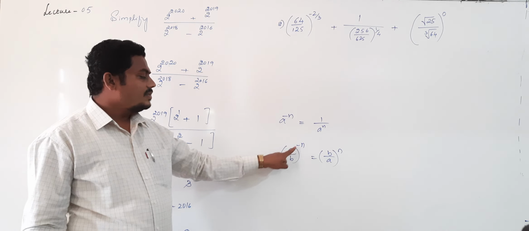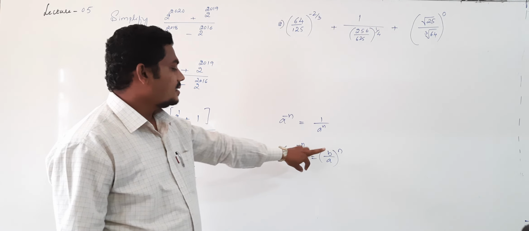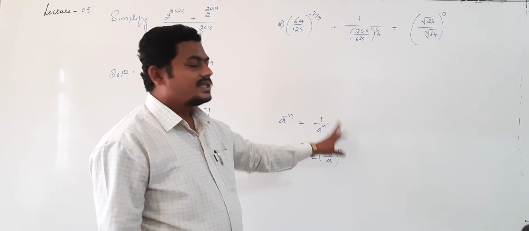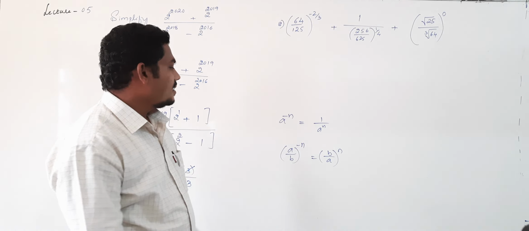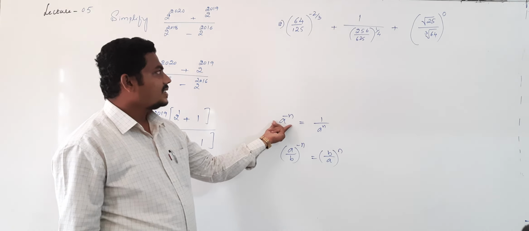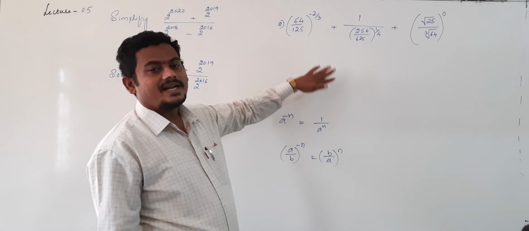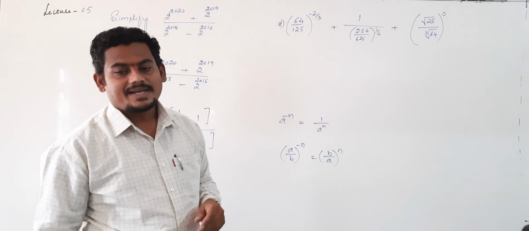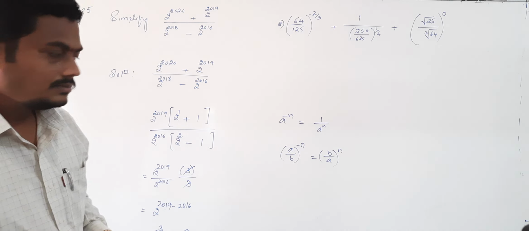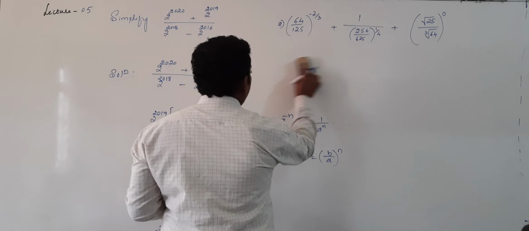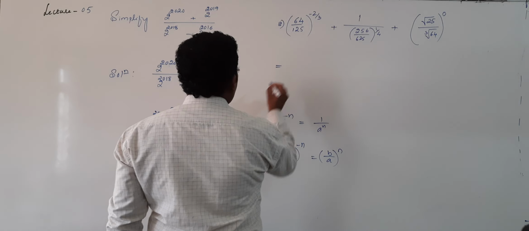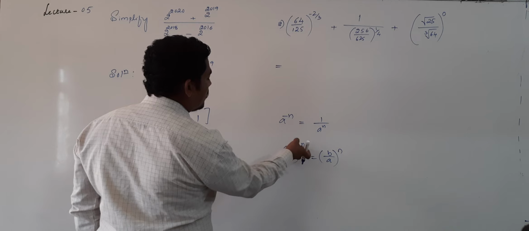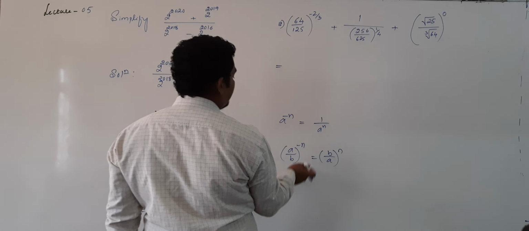The numerator becomes the denominator and the denominator becomes the numerator. Directly I will write (a by b) to the power minus n becomes (b by a).